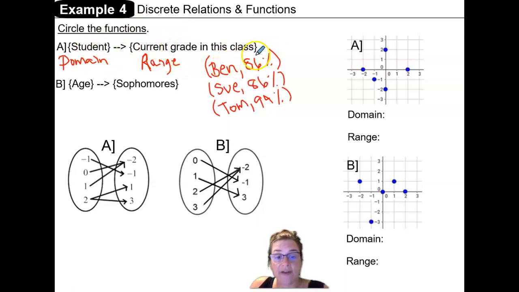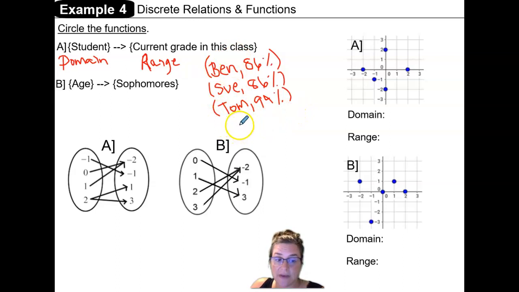Ben can't have an 86% in this class and at the same time have a 90 in this class or a 74 in this class. Ben can only have one current grade in this class. Now, it is possible that maybe I have another student named Ben who has a different grade, but that would be a different student, right?